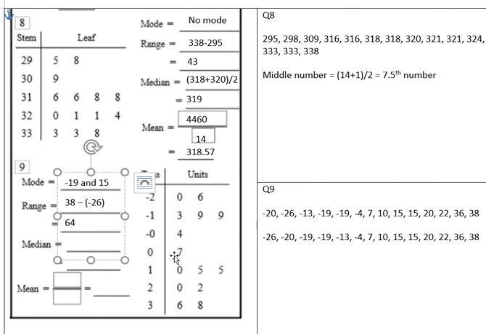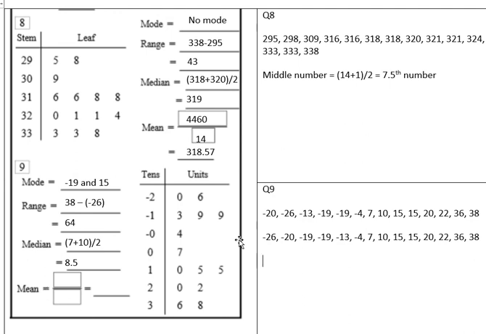So it's halfway between 7 and 10. So it's 8.5. Yep, that's right. 7 plus 10 is 17, divided by 2 is 8.5.